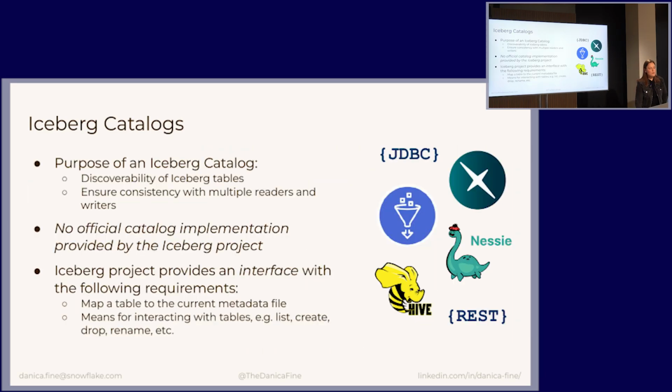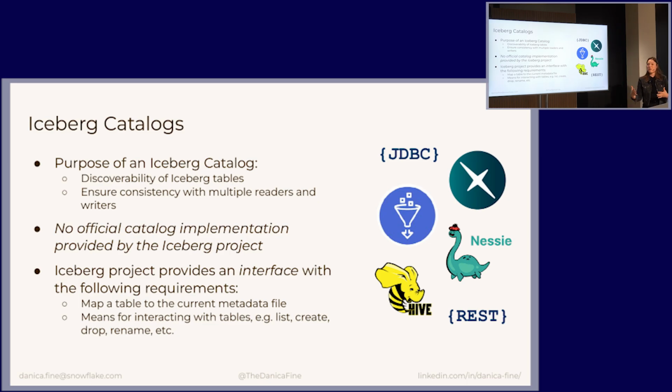Speaking of catalogs, this is actually kind of important in Iceberg because you can't do Iceberg without a catalog. You need to know what tables you're working with so that they can point to those recent files. At a most basic level, they are there to help you discover and interact with those tables. But more importantly, they're there to ensure consistency when you have multiple readers and writers, right?